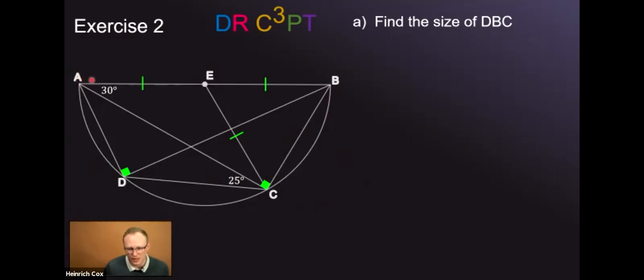So I'm looking here, AEC, that looks like an isosceles triangle to me. So I know that the angles opposite the equal sides are going to be equal, right? And so I know that this is going to be a 30-degree angle, right? And then I also see that I've got two angles in a triangle, which means that I can always find the third angle.